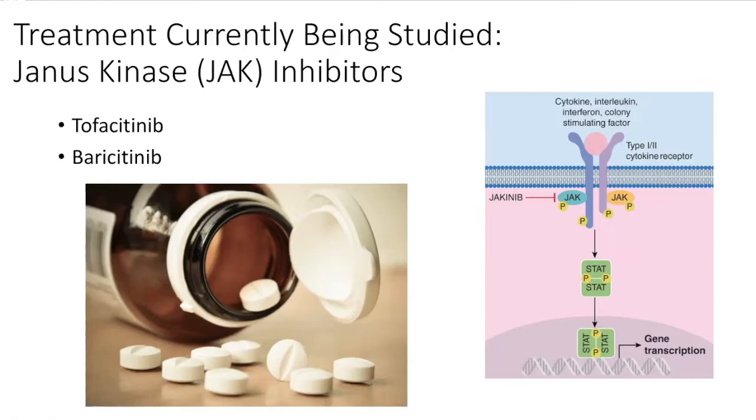And I mentioned baricitinib here as well. It's also approved for adult rheumatoid arthritis, but in a small number of patients with juvenile myositis who have still had disease activity after trying several of the medications we've already mentioned, it seems promising for having improvement in juvenile myositis patients.